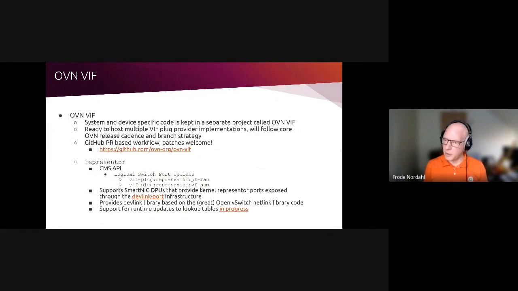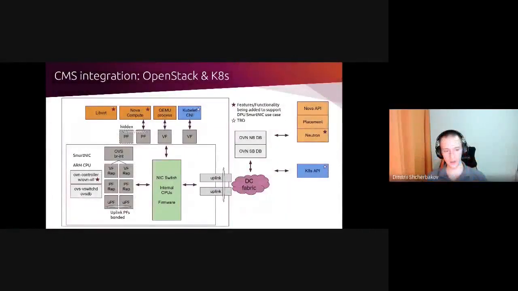Yeah, let's look at the next one. So here you can see how a typical CMS integration would look. We have OpenStack and Kubernetes as specific examples here. And we've been working upstream in Nova, Neutron, libvirt, and OVN to make the necessary changes.